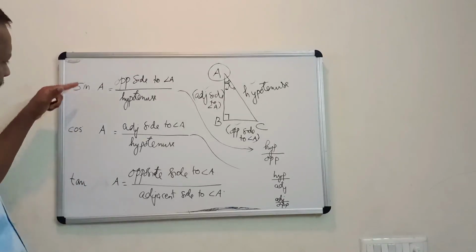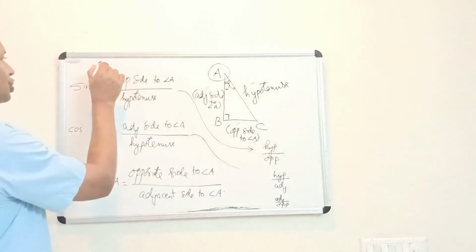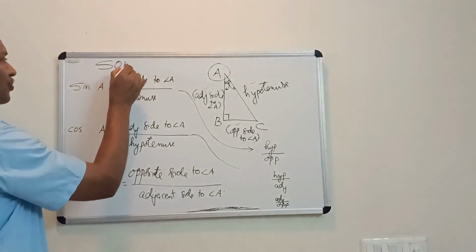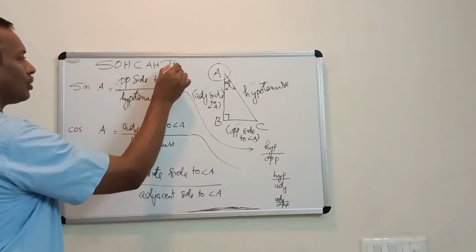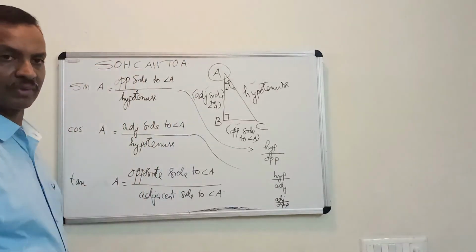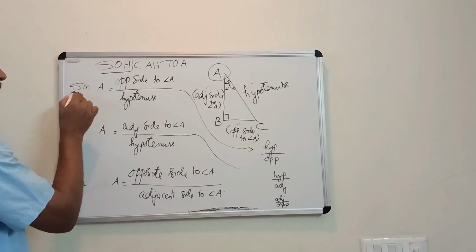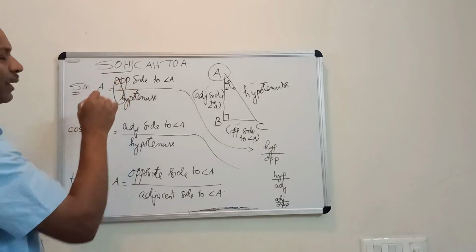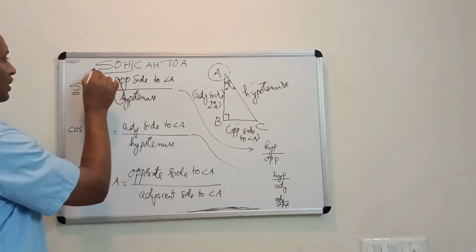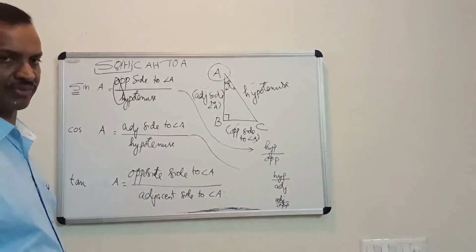And to remember these first three, we use a code word called SOHCAHTOA. The first one, SOH, is from this: sine is equal to opposite by hypotenuse. Sine is equal to opposite upon hypotenuse.